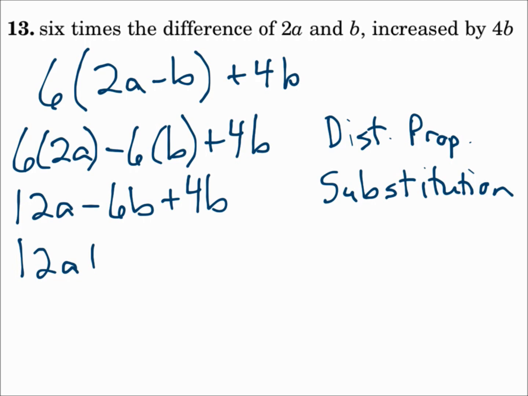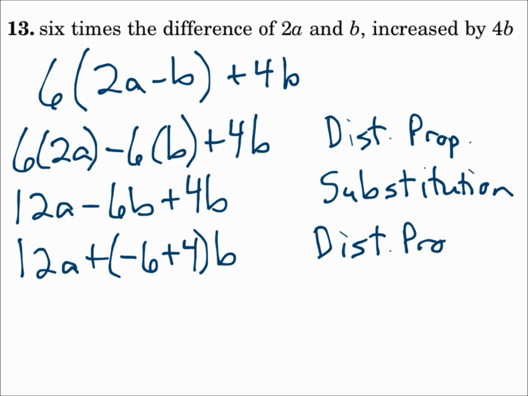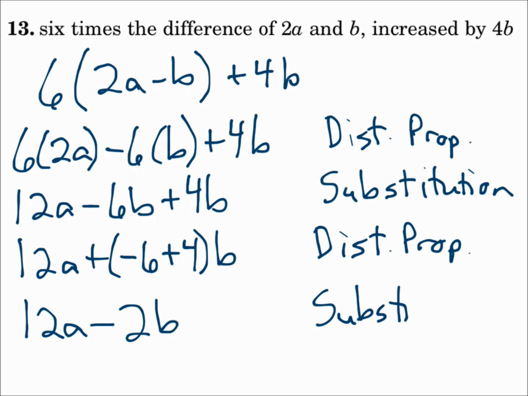How many do we have? -6 of them plus 4 of them. That's the distributive property. Finishing up, -6 plus 4 is -2b. And that's substitution. Watch your minus signs there. Remember, a's and b's can't go together, so they stay separate.